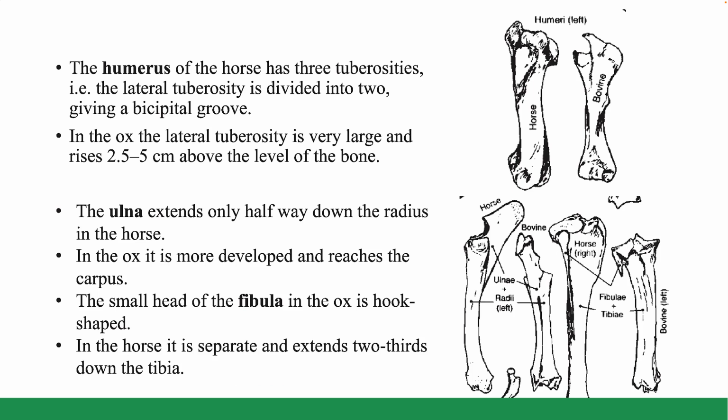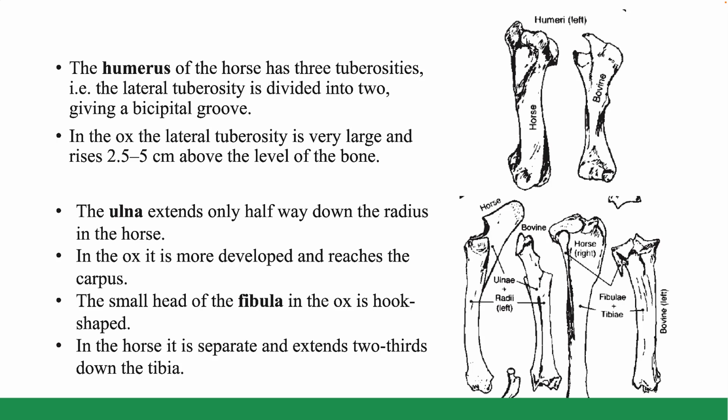In the horses, the humerus is made up of 3 tubes of bones, while in the bovine, these bones are 2. In terms of the ulna, in horses the ulna is a little bit extended upwards and goes almost halfway to the radius, while in the bovine the ulna and the radius, as I said earlier, are fused together.